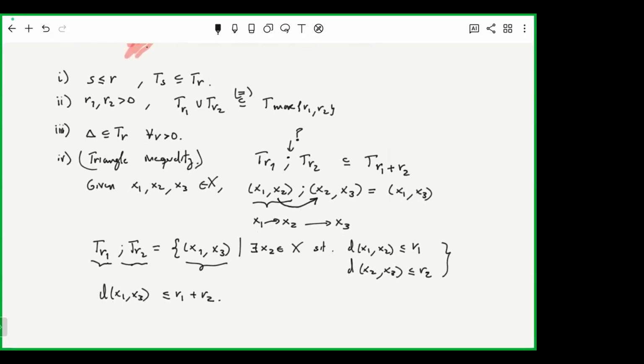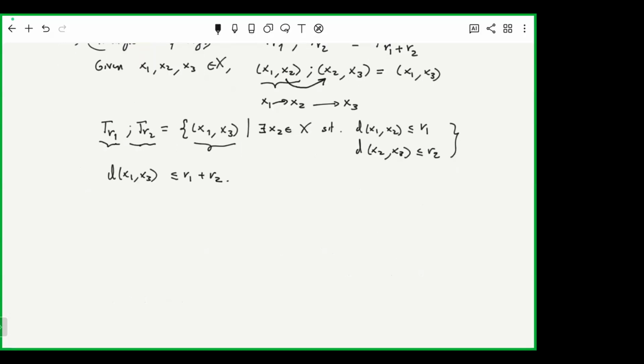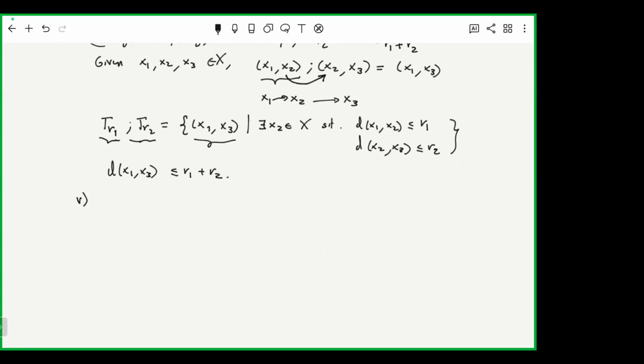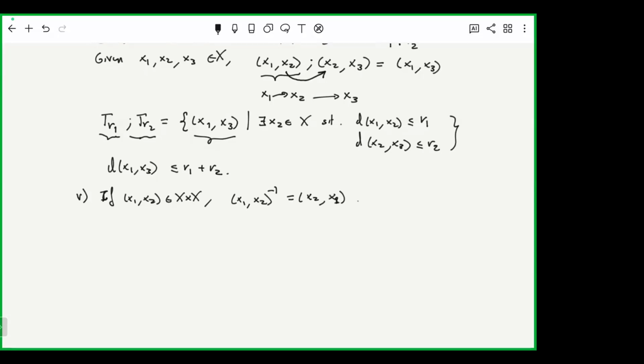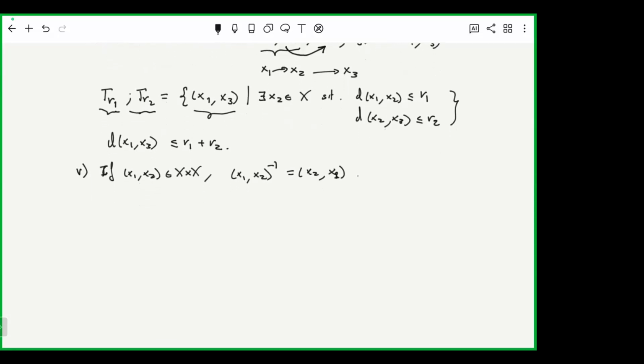And the last one I'm going to consider is taking inverses. If x1, x2 is a pair of points, then the inverse, again thinking of this as an arrow, is just reversing the order. I can do this pointwise with a set.